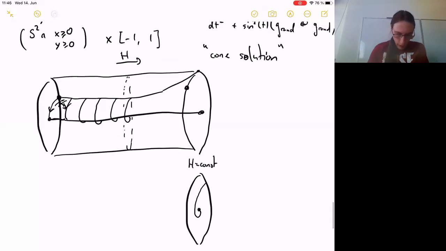Along each trajectory, the H is strictly monotone, so every trajectory will intersect each slice exactly once. One limit point lies on the boundary, and the other limit point is the center, which corresponds to this suspension solution. So at every slice, you're going to get some curve like this.